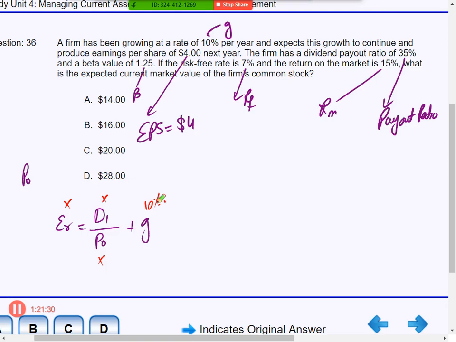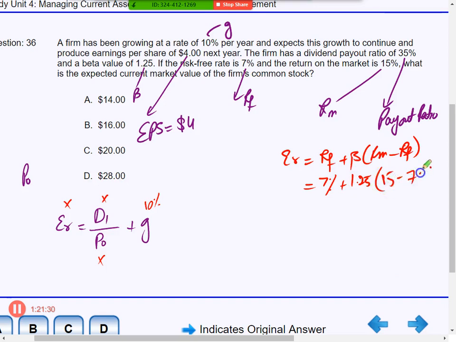So one thing we can do, for ER we can employ the capital asset pricing model, and we have all the ingredients we need for the capital asset pricing model. Plug in the numbers, you get one of the variables. Risk-free rate is given as 7. Beta is given as 1.25. The return on the market is given as 15.